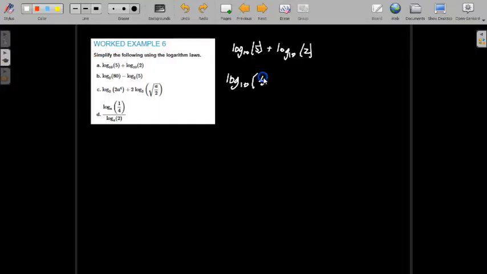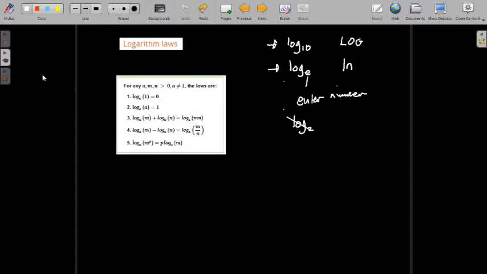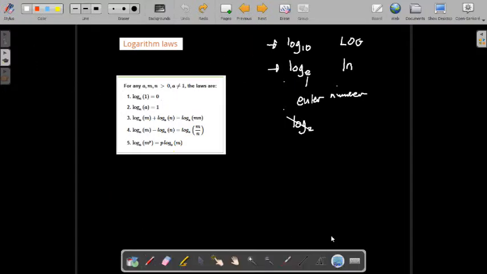M, which is going to be 5 times n, which is 2. So we actually get log 10 of 10. And if we go back to log law, so I'll just cut these out.